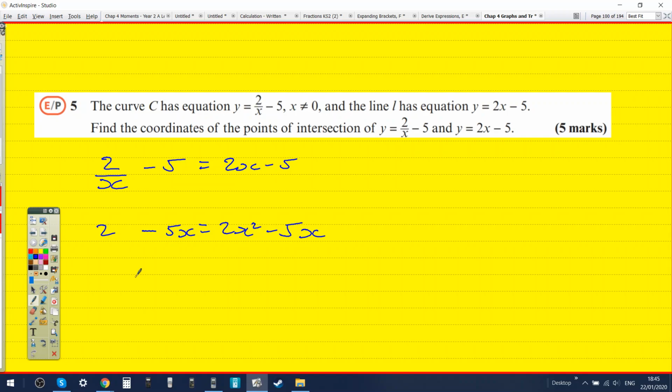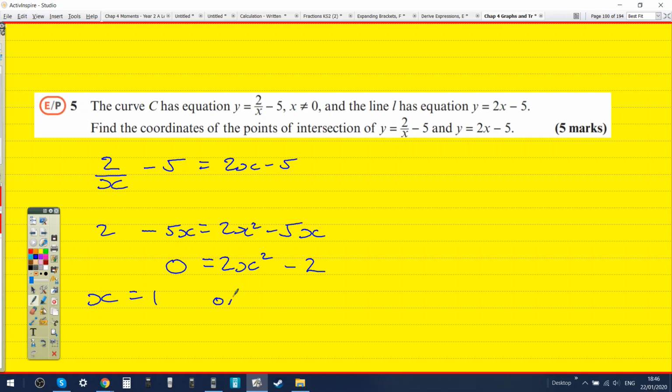So 2x squared minus 2 is equal to 0. Mm-hmm. x plus 1 and x minus 1.